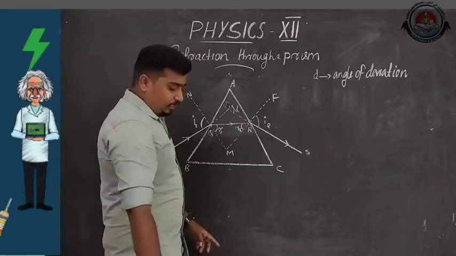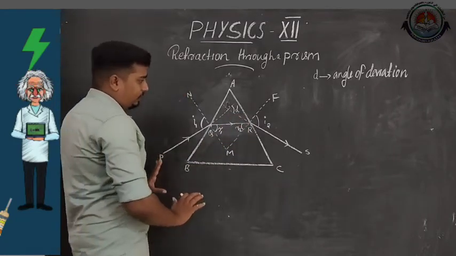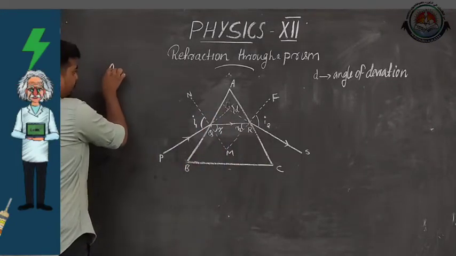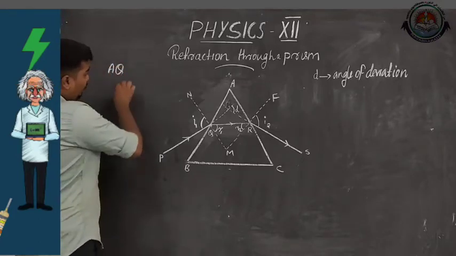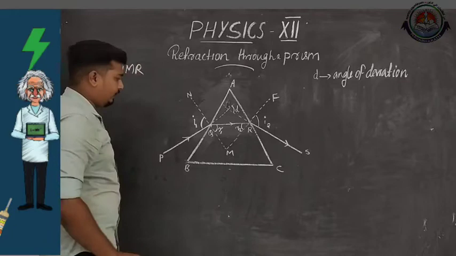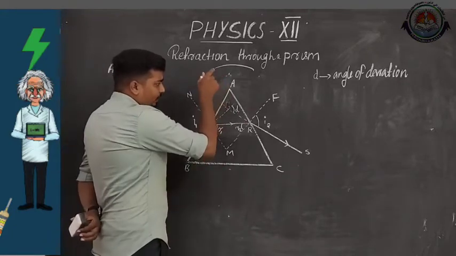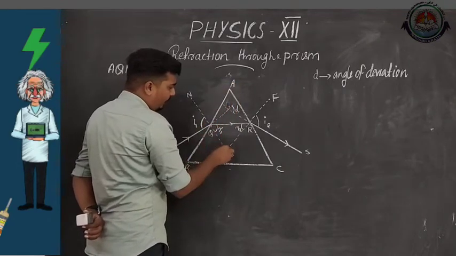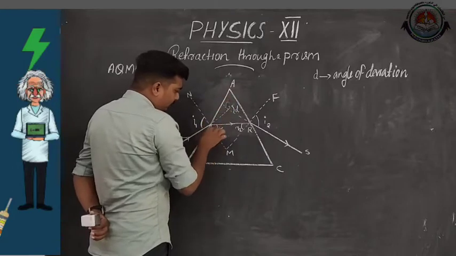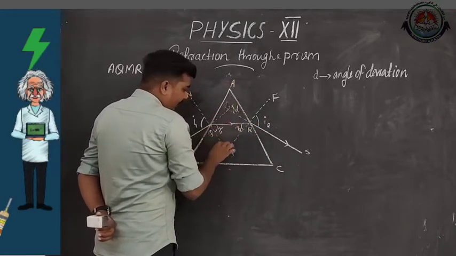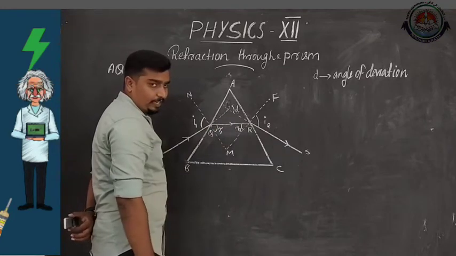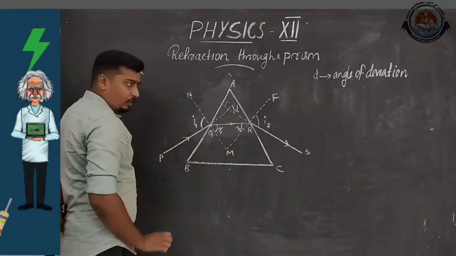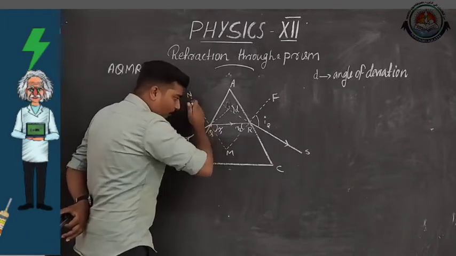Here let us consider a quadrilateral AQMR in this figure. From this, what is angle Q? Here this NM is a normal.